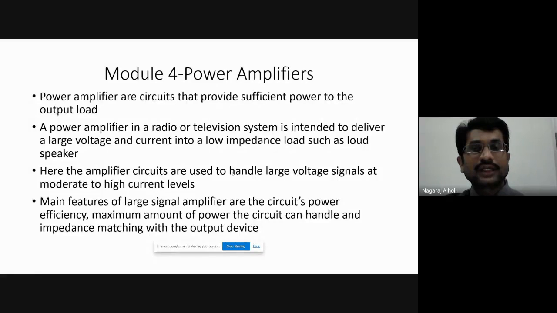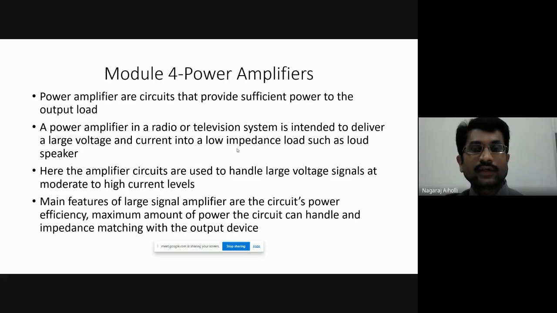Impedance matching means the output impedance of the power amplifier should match with the input impedance of the load. This you will be studying in your electric circuits, in network analysis. It is called maximum power transfer.